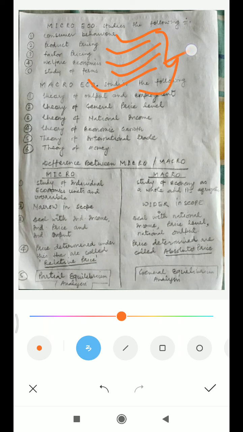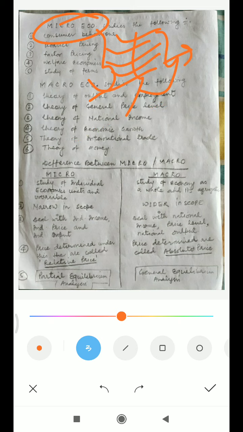These all we study under microeconomics. If a question like this comes in the board, what we consider under microeconomics, you can write: consumer behavior, product pricing, factor pricing, welfare economics, and the study of firms. All these things we will study in the next chapters.